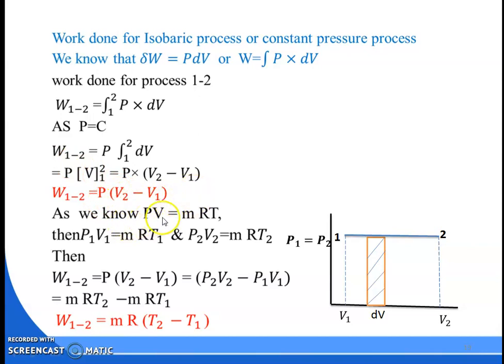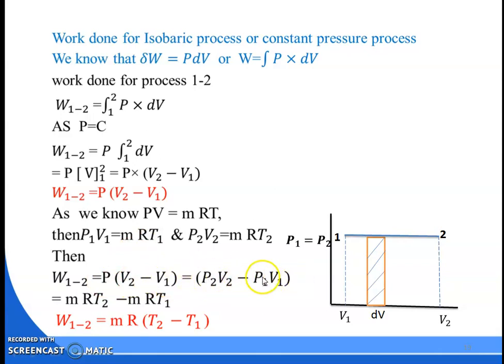As we know, PV is equal to mRT. So P1 V1 is equal to mRT1 and P2 V2 is equal to mRT2. Since P1 and P2 are equal to the constant P, I can write P into V2 minus P into V1 as P2 V2 minus P1 V1.